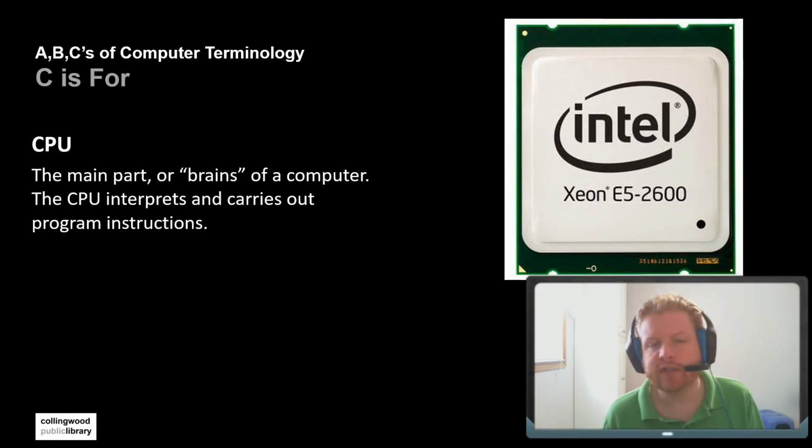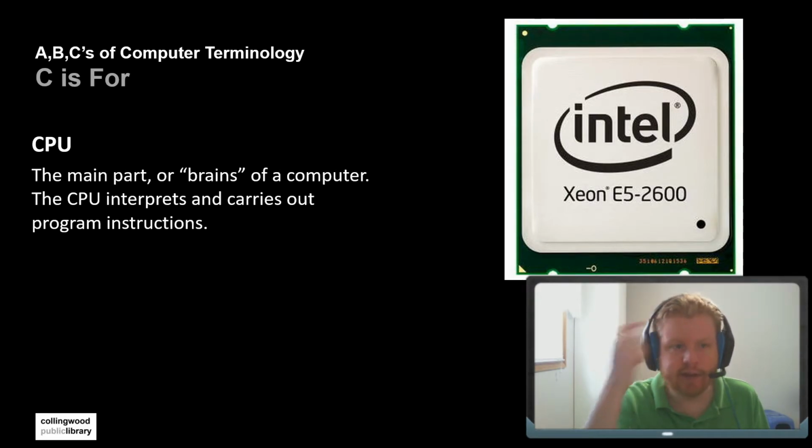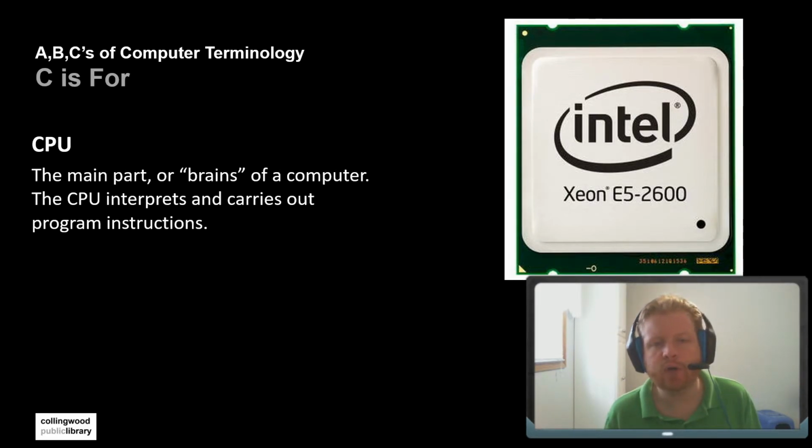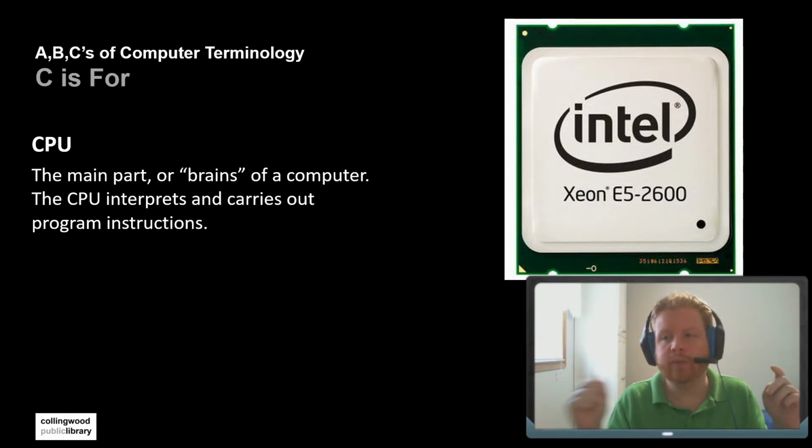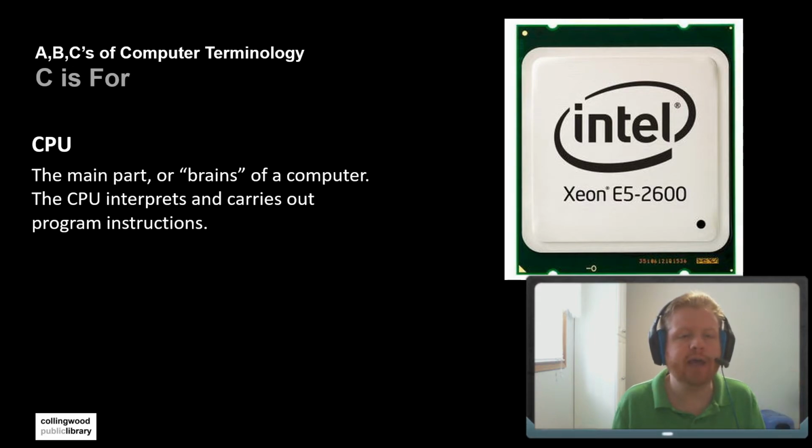C is for CPU. These are the brains of your computer or generally any electronic. Basically what a CPU will do is interpret and carry out program instructions. All the information is sent to the CPU, or this brain, and then that brain takes that instruction and says, for a computer, you need to do this, you need to do that.